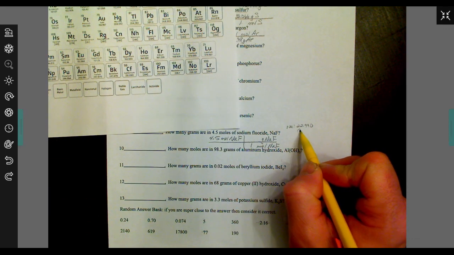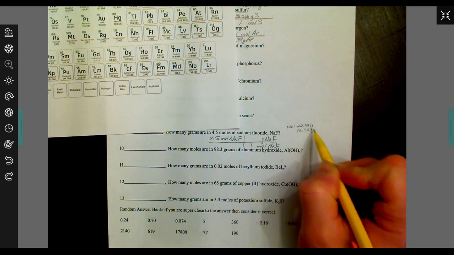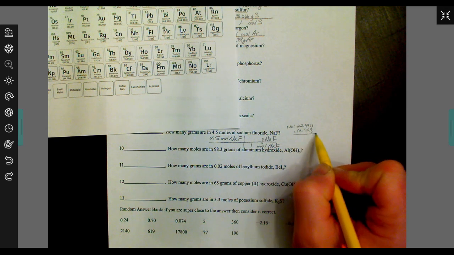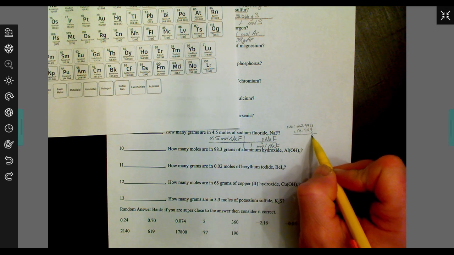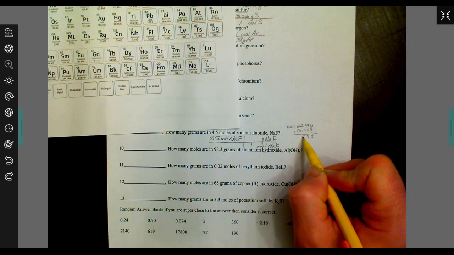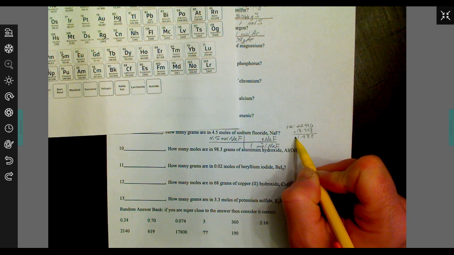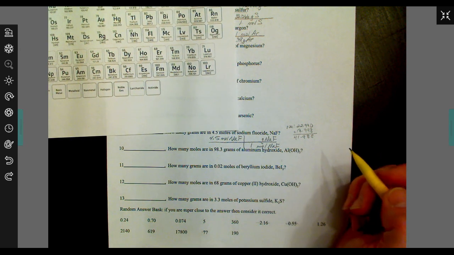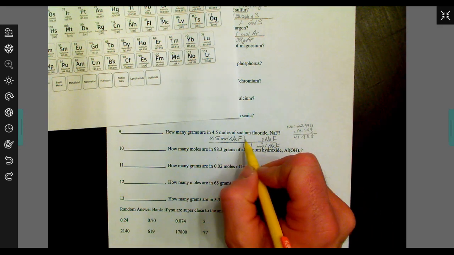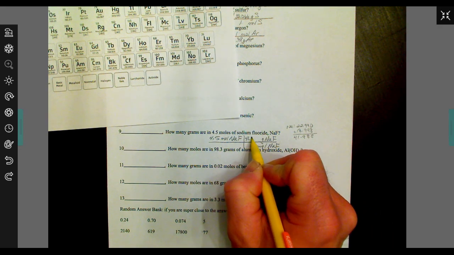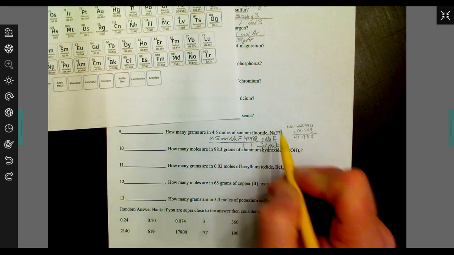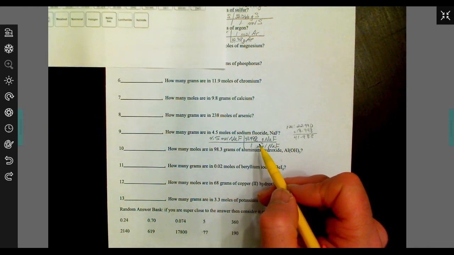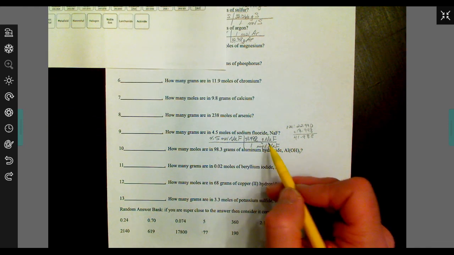So I'll take 18.998, and I just add those two together, so I'm getting my total mass. So that's an 8, that's an 8, that's a 9, that's a 1, that's a 4. 41.988. That goes right here. So we've been used to finding the mass of one element. Now we're finding the mass of all the elements in the compound and just adding them together.